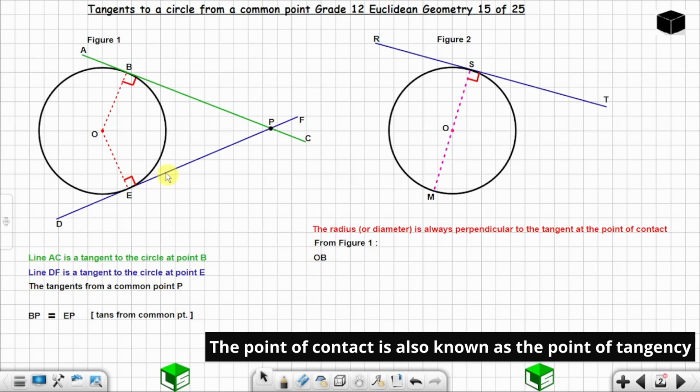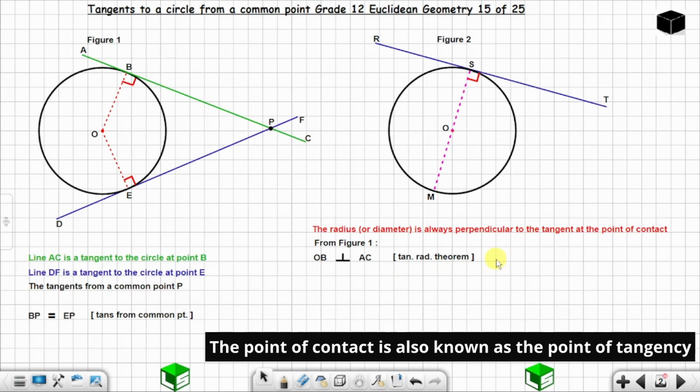So in figure 1 you can come up with this: OB is perpendicular to AC. Okay, the reason is you have the tangent radius theorem.